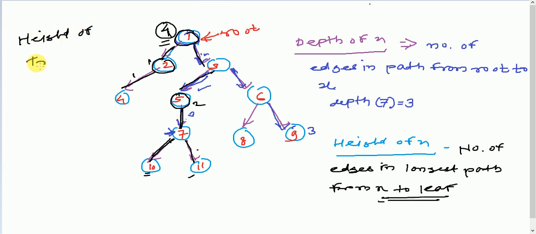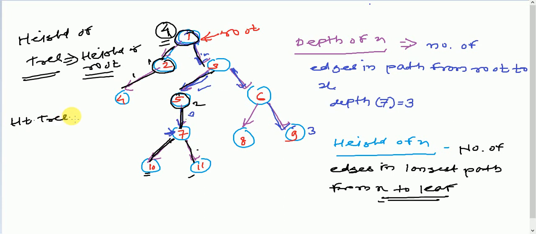The height of the tree will be equal to the height of root. Here the height of root is 4, so that's why height of tree will be equal to 4. Very important concept here.